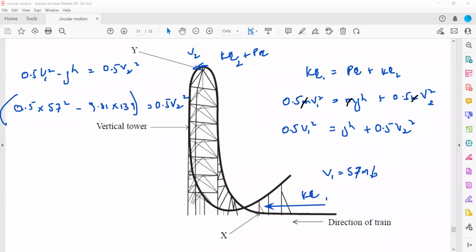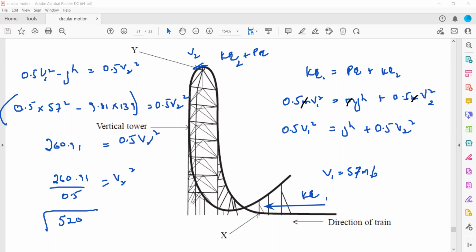So that is 260.91 equals 0.5 v2 squared. Then 0.5 is multiplied on one side, so on the other side it will be divided: 260.91 divided by 0.5 equals v2 squared. When we divide by half, it will be double, so it is about 520, and take the root.